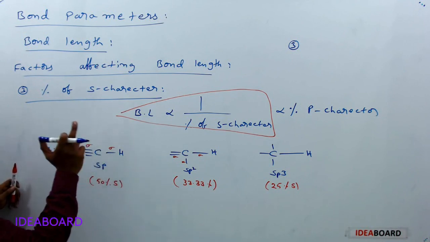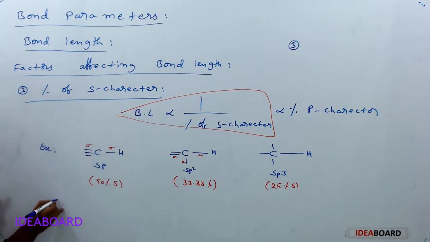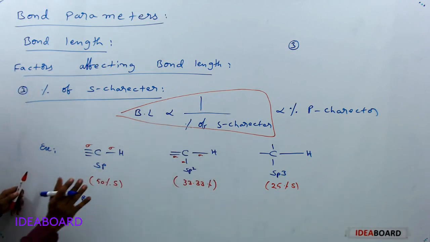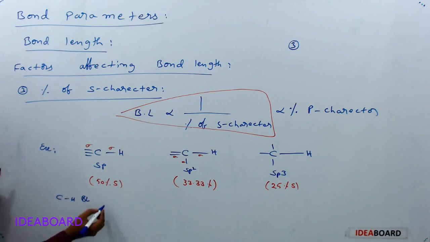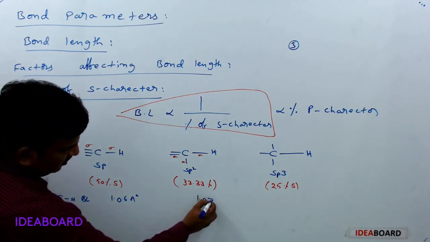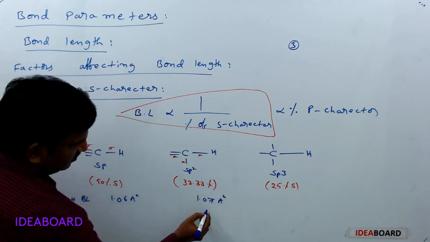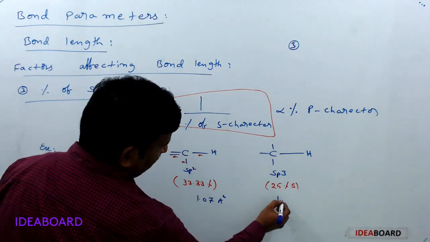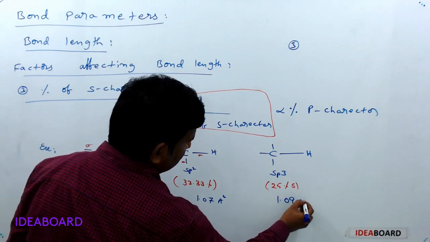And see the bond length values. I am giving the CH bond length, the practically observed value, which is already given. Here it is 1.06 angstrom, this is 1.07 angstrom, and this is 1.09 angstrom.